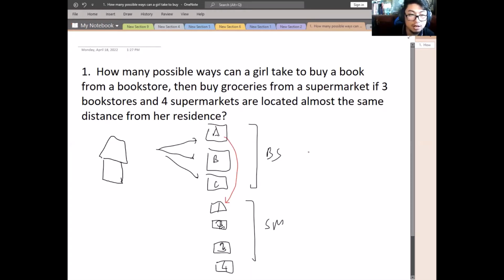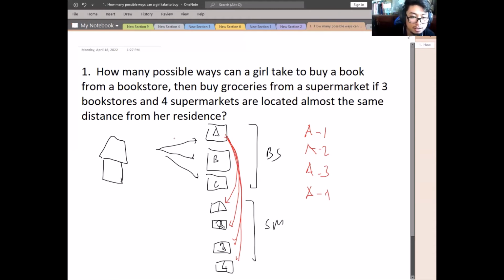So our possibility is A1. Maybe after bookstore A, she will have a grocery at supermarket 2, and so forth. She can go to supermarket 3, or she can go to supermarket 4. So these are the four possible ways from bookstore A to a supermarket.